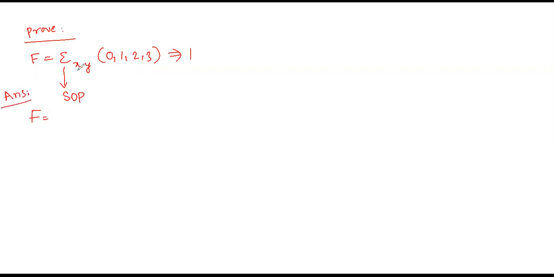For that, see, we have 0, 1, 2, 3. We are using two variables. With two variables, we will get four combinations. 0 can be written with two variables as 0, 0. 1 will be written as 0, 1. 2 you can write 1, 0. 3 you can write 1, 1.